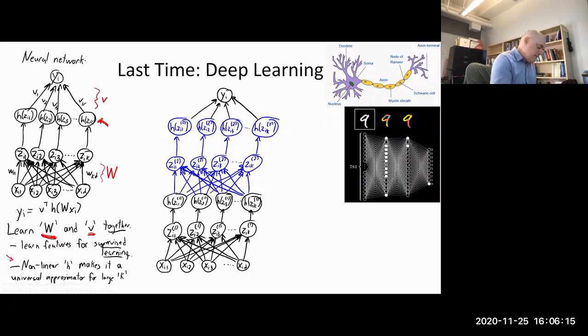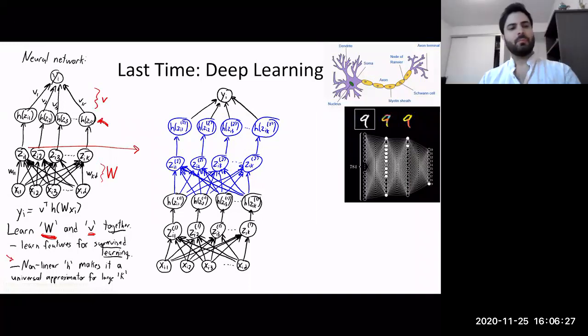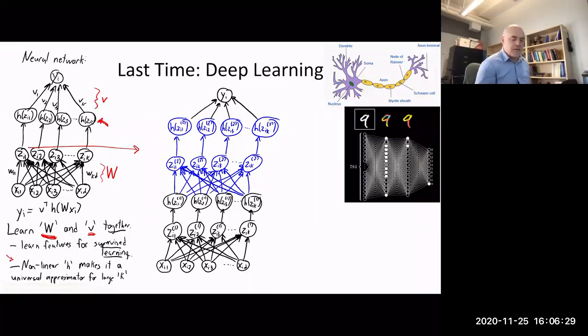In theory, with a nonlinear activation, if the dimension of Z is sufficiently large, K goes to infinity, then such a neural network is capable of being a universal approximator, i.e. approximating any nonlinear function from X to Y.